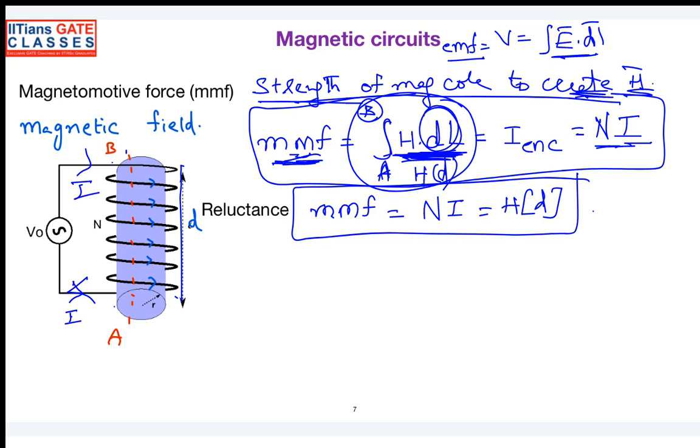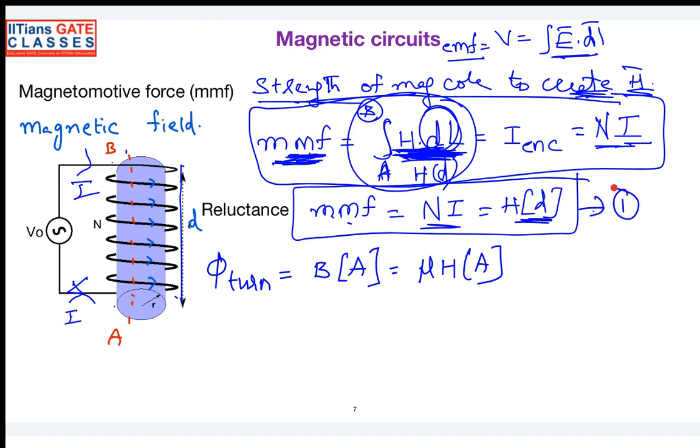So the magnetomotive force is nothing but the strength of the magnetic core to create the magnetic field intensity. The MMF can be defined as H into the length of the solenoid, or n into I. Then we'll see the flux per turn. The flux generated per turn is equal to the flux density into area, mu times H into A. Take it as equation 1.